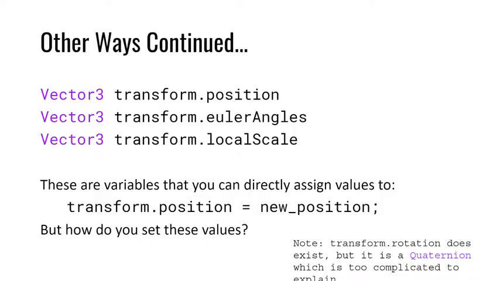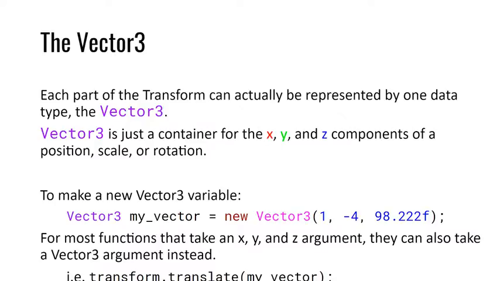But how do you set a Vector3? Well, a Vector3 is basically an object that stores an XYZ position. It also has functions that let you easily calculate magnitude or square magnitude, compare distances, or add them together. So in order to create a new Vector3, you just do new Vector3 and then in parentheses the XYZ components separated by commas.